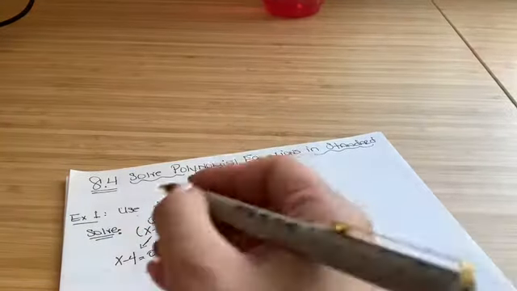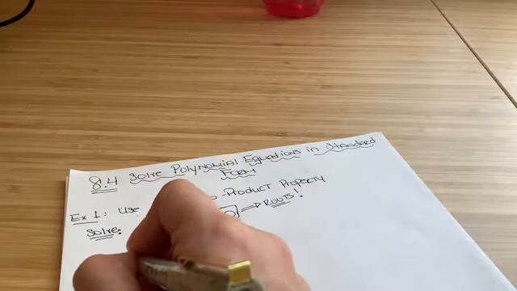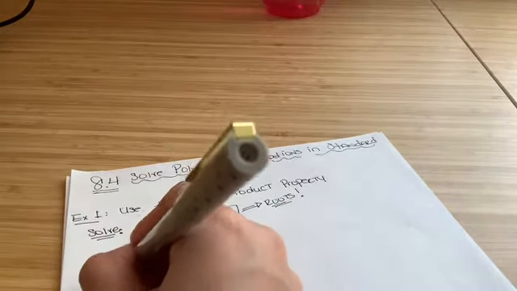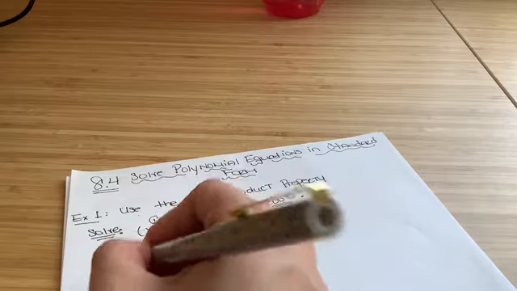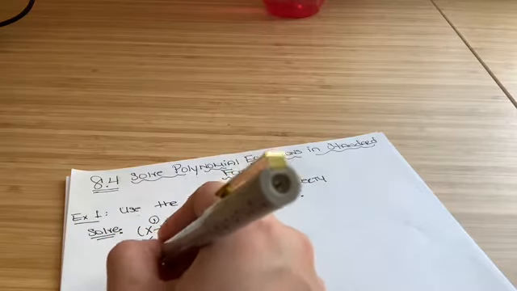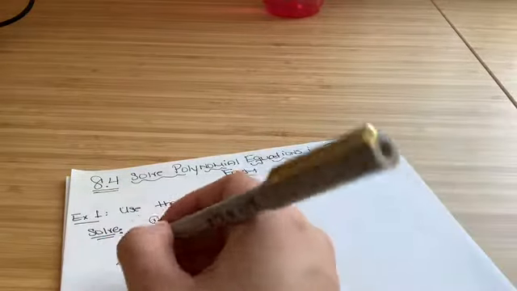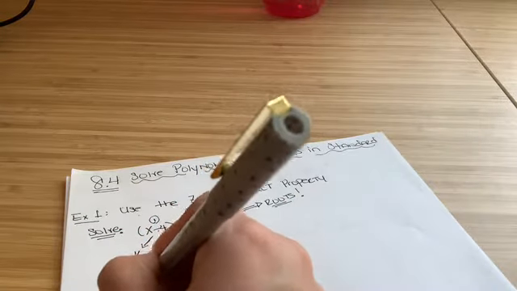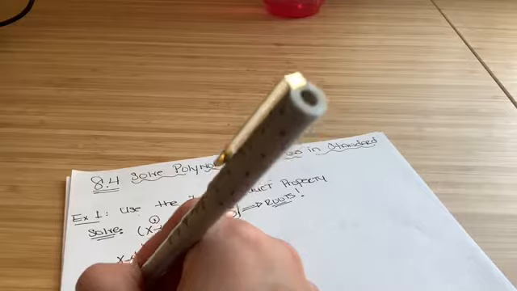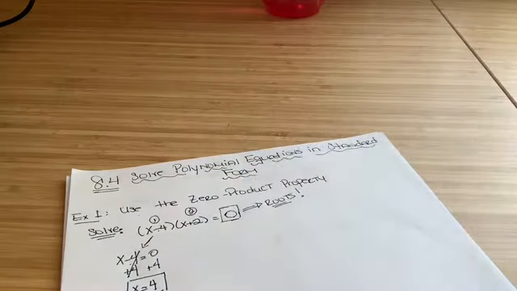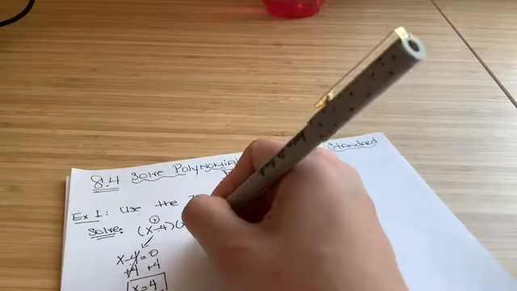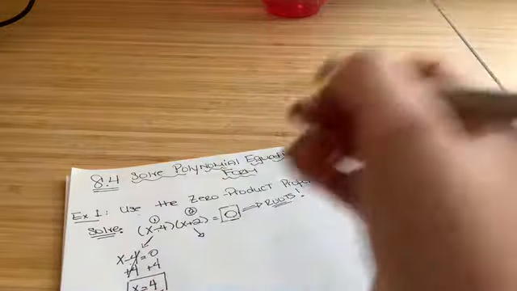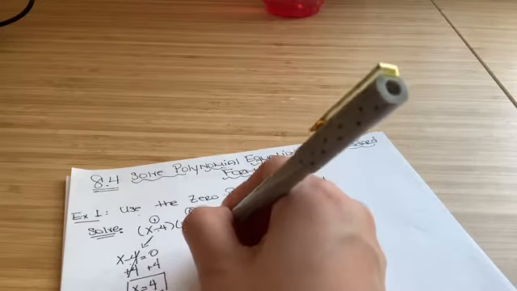You know that the inverse operation of minus 4 is plus 4. Plus 4 here and plus 4 here. So when you solve for x, these cancel out and you're left with your first answer, which is x equals 4.